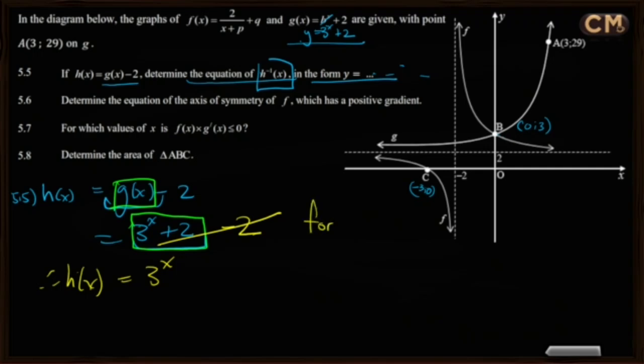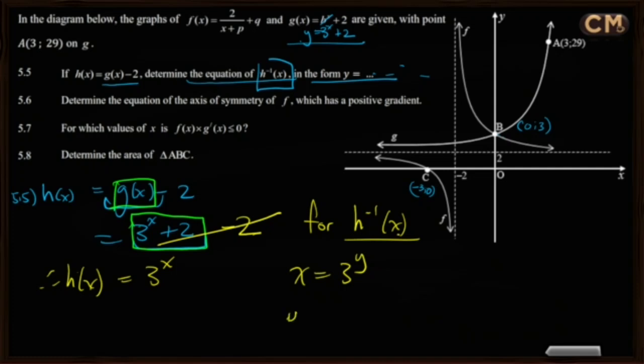Now, for the inverse of h of x, what will we have? Well, first things first, we need to swap x and y values. We'll have that x is equal to 3 to the power y. And then from that, remember that the answer to a log is an exponent.